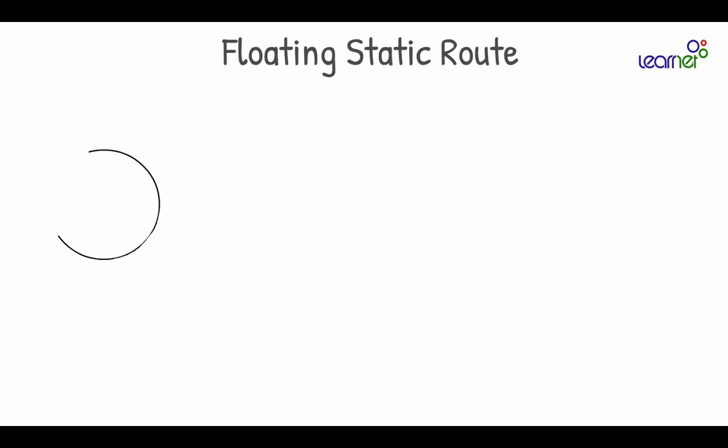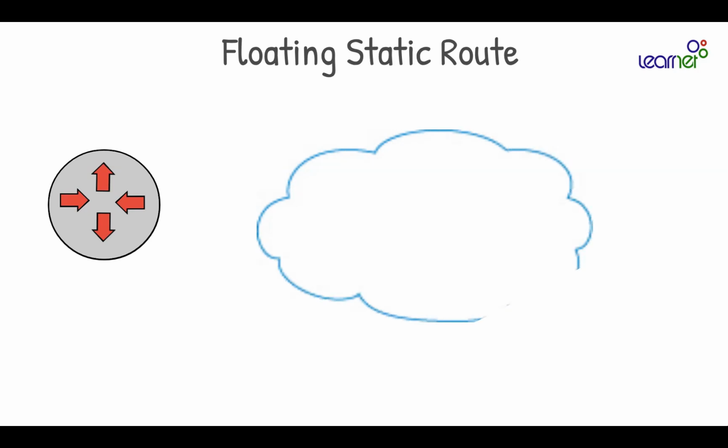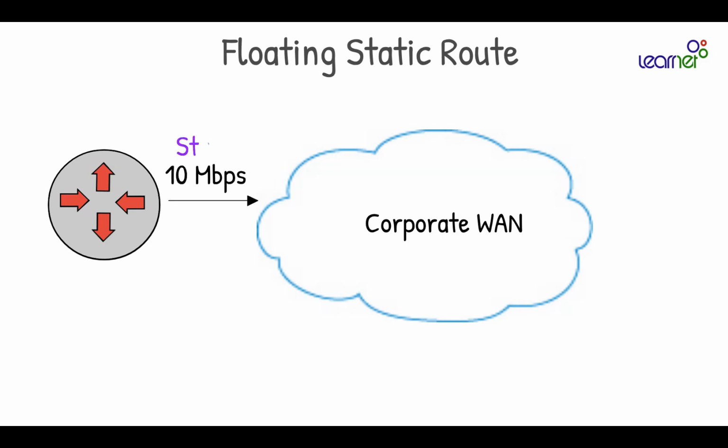Let's talk about floating static routes and why they're useful in certain scenarios. Here is the situation. Imagine you have 2 links to your corporate WAN. One is a 10 megabit per second link configured with a static route, and the other is a much faster 1 gigabit per second link, but it is managed by OSPF.